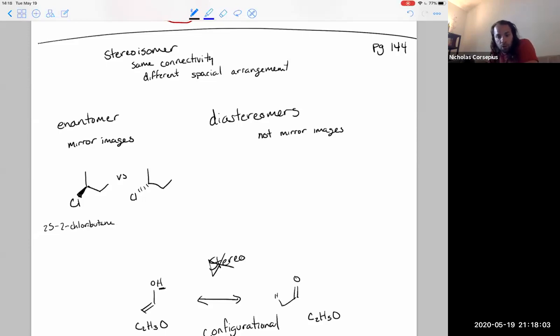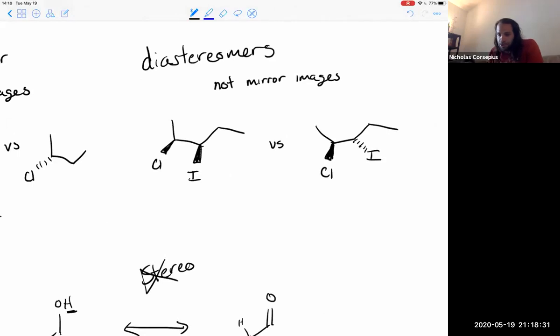For example, these are always going to have two stereo centers, but they're not mirror images of one another.